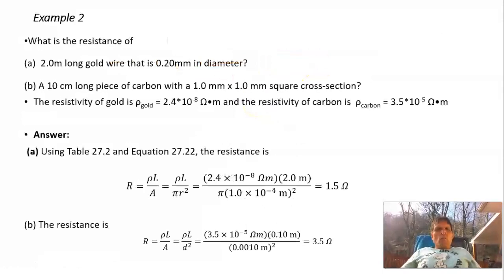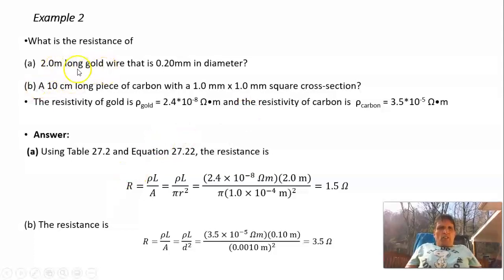Okay. Let's do another example. Let's calculate the resistance of a couple of different wires, a couple of different devices. The first one, we have a 2-meter long gold wire, so about 6.5 feet long, and about 0.2 millimeters in diameter.